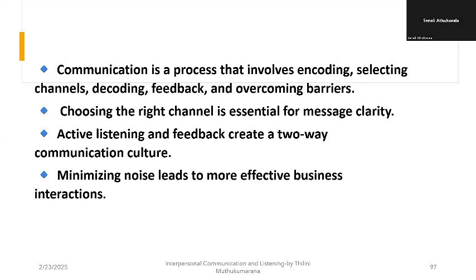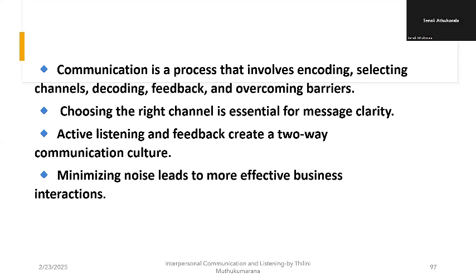We are talking about the human communication process, right? This communication process involves encoding, selecting channels, decoding, feedback, and overcoming barriers. These things you have to understand. When we are doing this, all these factors are involved. A very important fact is choosing the right channel, because it's essential for message clarity.